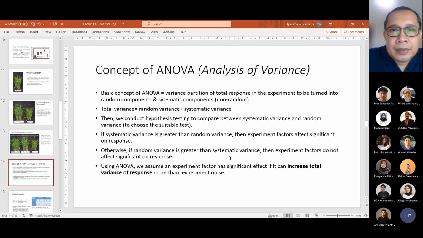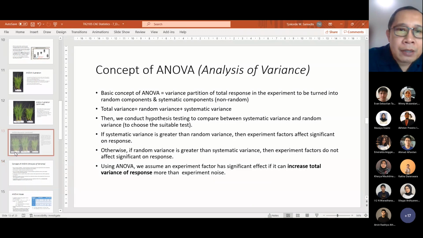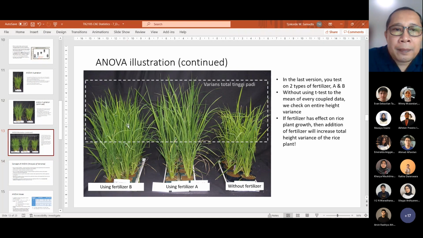Okay. So the basic concept in ANOVA, what we do is, instead of looking at the sample mean, we look for changes in the total variance of these rice paddy heights.